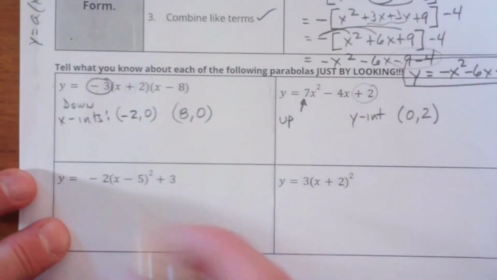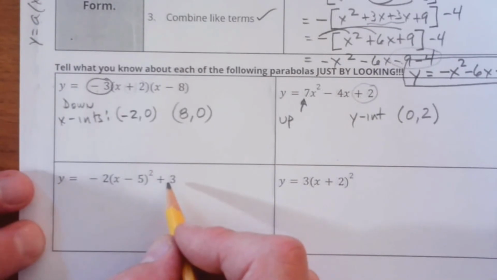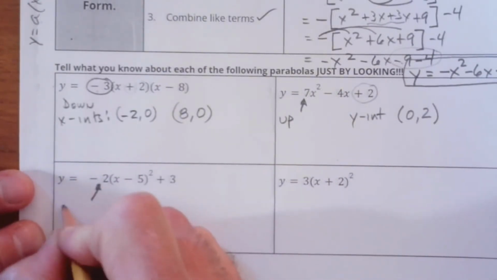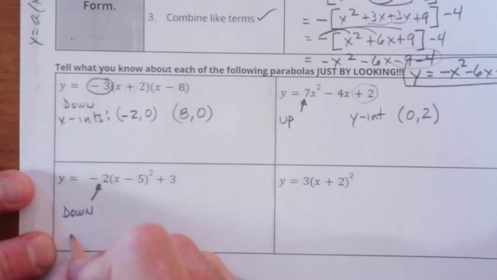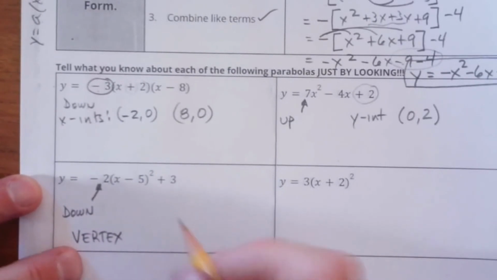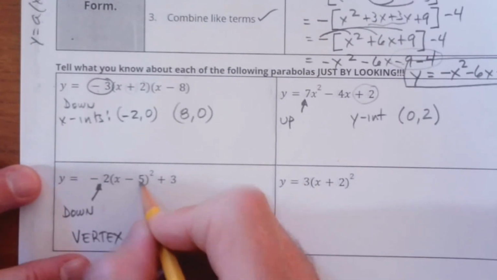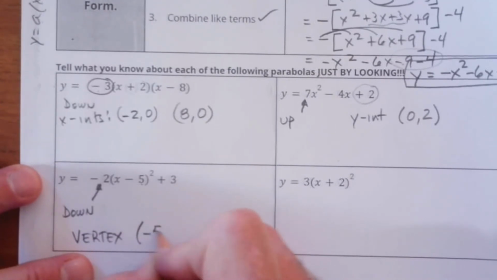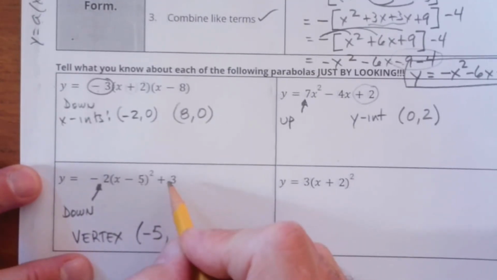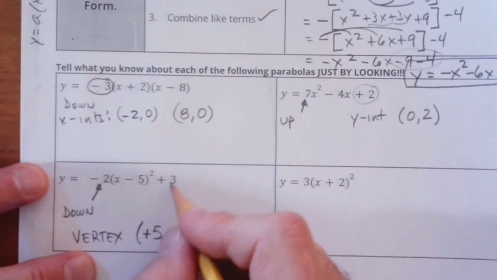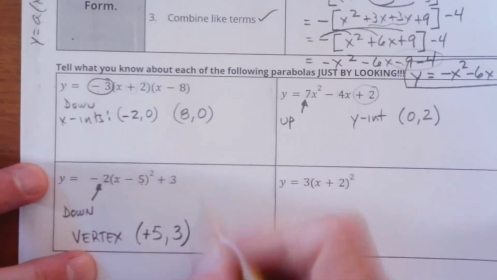Moving on, this one is in vertex form. So we know that this one opens down, and then we know the vertex is going to be at, let's see, opposite sign, negative 5. No, positive 5, and then 3.